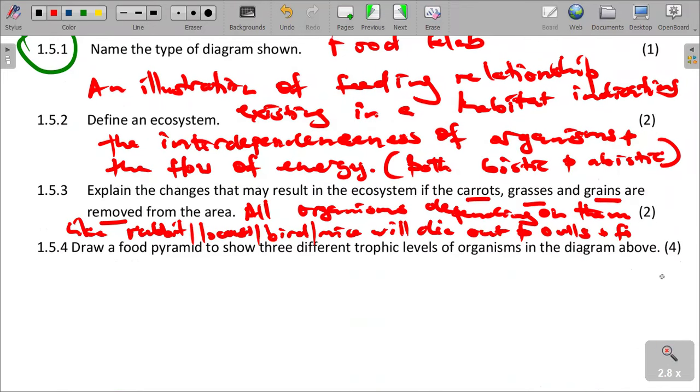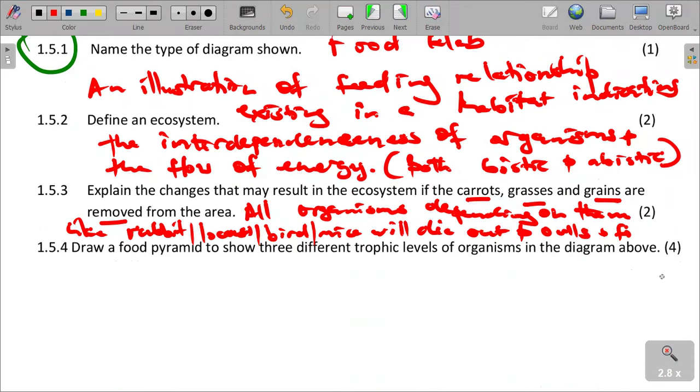So I want you to understand that it wants us to show three different trophic levels of organisms in the system. What we have to do is have at least three organisms shown there. I can take the producers, which are the grass, the carrots and grains. Primarily, for the first level, I have the grains, the grass.